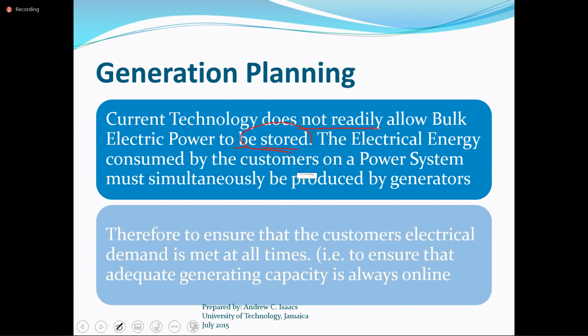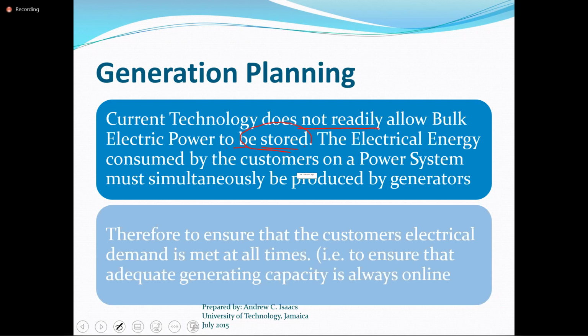Now that plant may be demanding several hundred times what you flicking the switch at home is demanding. But regardless of the difference between the demand, the expectation of the customer remains the same: that when they want electrical energy, they expect that need must be met at all times.